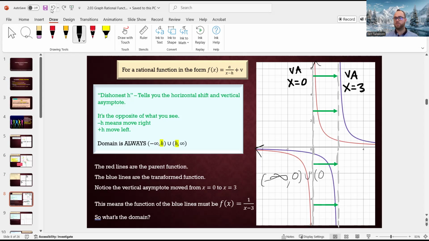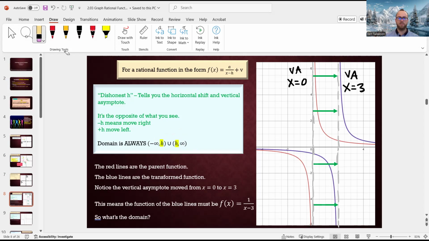That's a refresher of why the domain looks like it does, but this is really helpful to us because look, this takes a lot of the guesswork away for you, right? All you have to do is find h and plug it in there and you are golden. So write this down. Always is a powerful word in math.